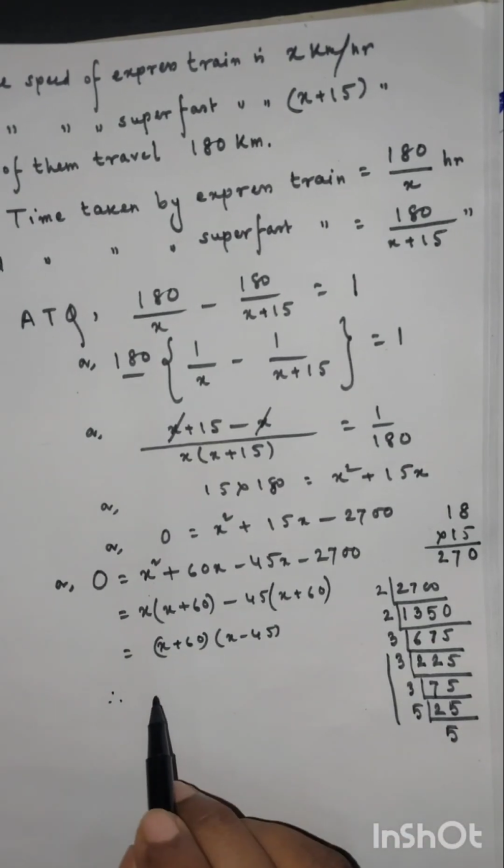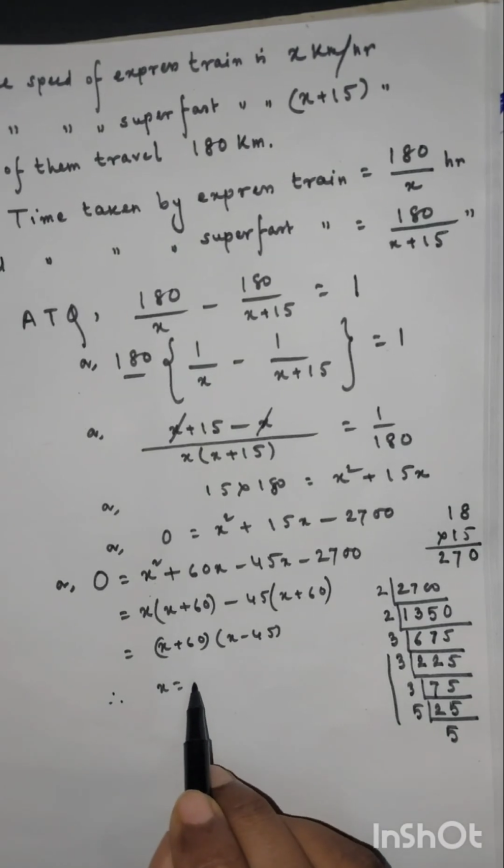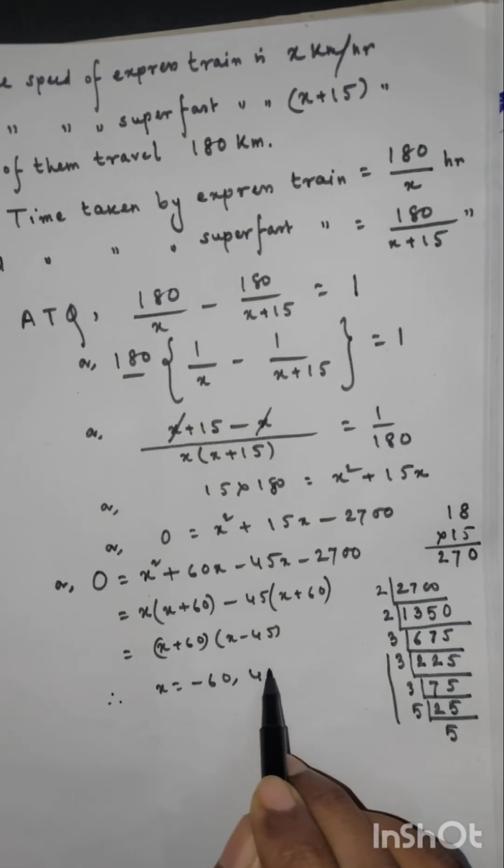Therefore either x equals minus 60 or x equals plus 45.